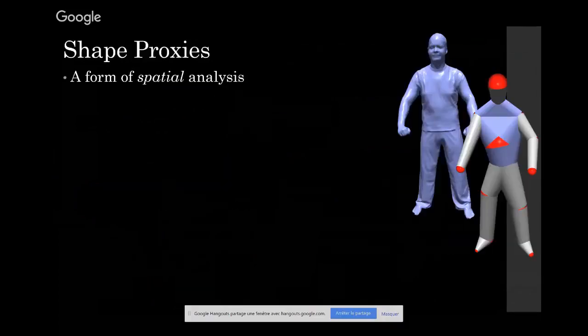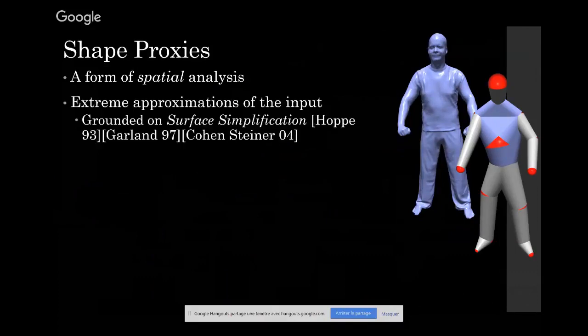Shape proxies is a different line of research in shape analysis in our group, more related to spatial analysis. Basically, it all came from pushing the well-known surface simplification algorithms to their limits. When you try to simplify a surface mesh, for instance, up to just retaining a few primitives in the end, you quickly see that actually the basic representation of the shape might not be good for such extreme approximation.